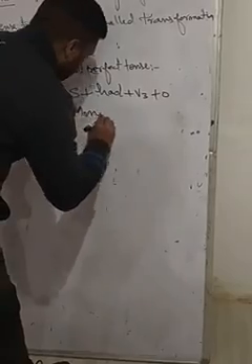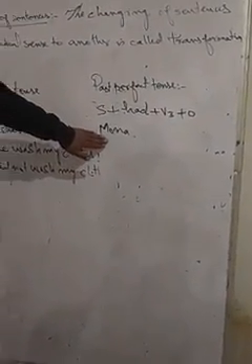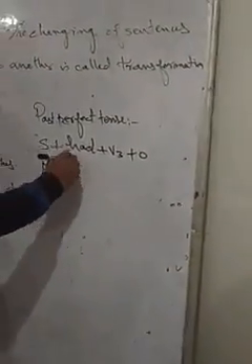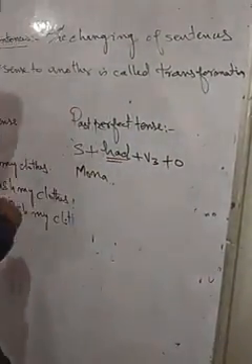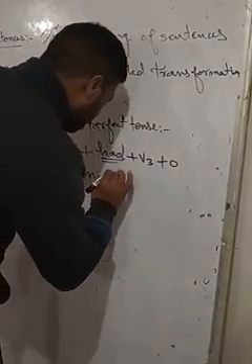Mona. Mona is the subject, the doer of action. Then had. Had is used here as an auxiliary verb, remember that. Or stative verb or special verb. Had.